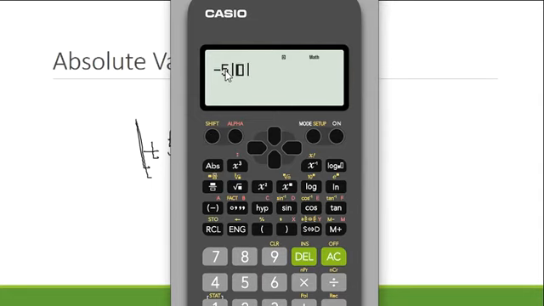Sorry, let's delete that first. We have to click this abs first, and inside the box, we will input the value kung saan pinapahanap yung absolute value. And okay, that's the answer. Positive 5 lang din.